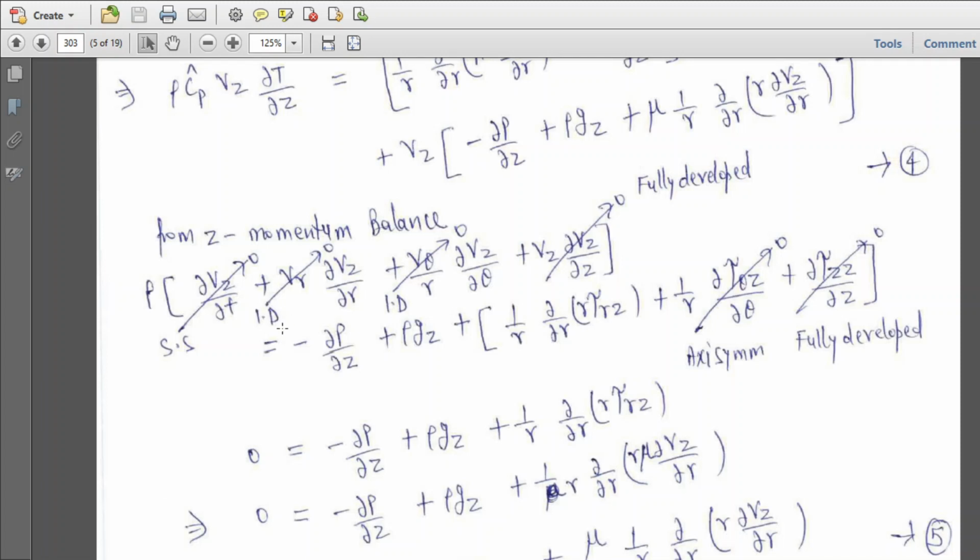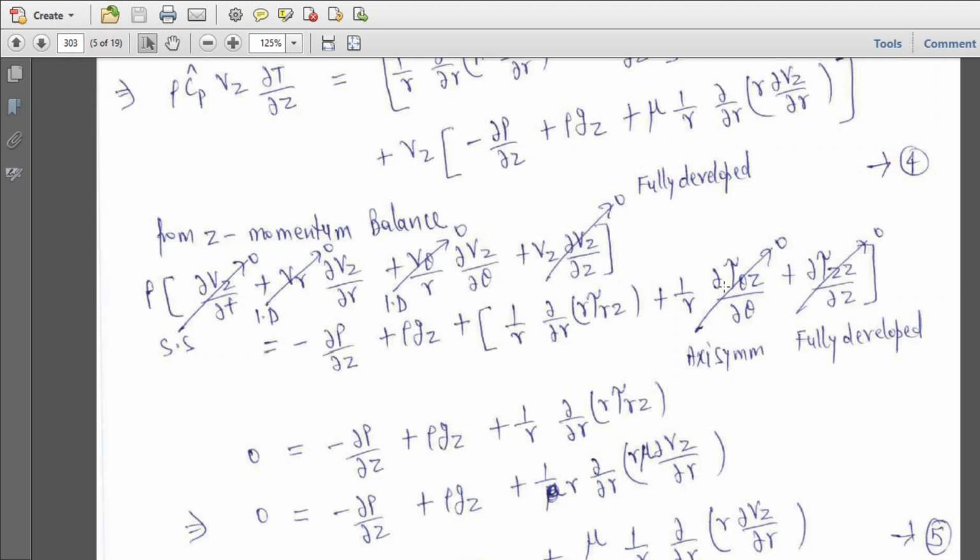Now from here, several terms we can drop based on the limitations of the problem. First, we are solving for steady state operation, so this time term would be cancelled, nothing would change with respect to time. Totally one-dimensional flow only in the Z direction, so Vr equal to 0, V theta equal to 0. We are talking about fully developed flow in the Z direction, so del Vz upon del Z would also be equal to 0.